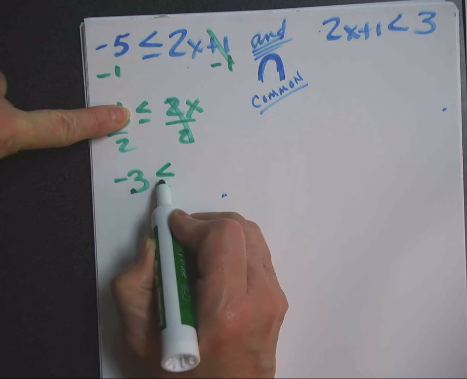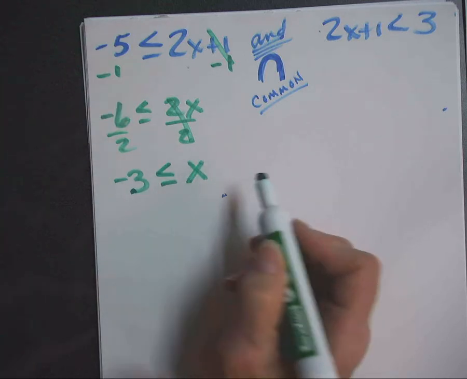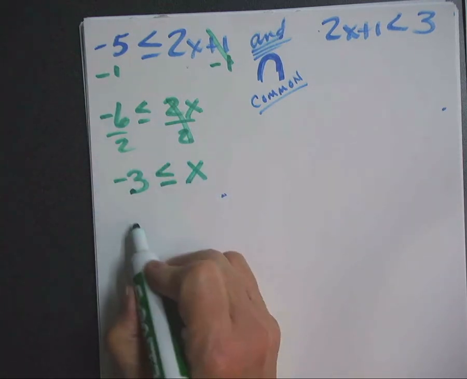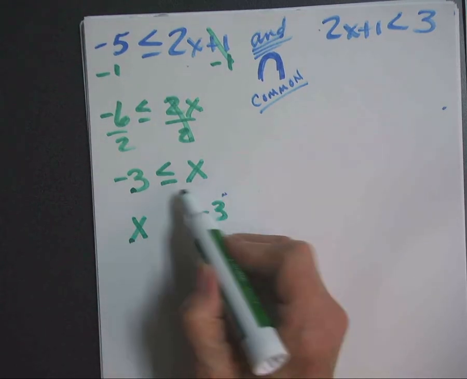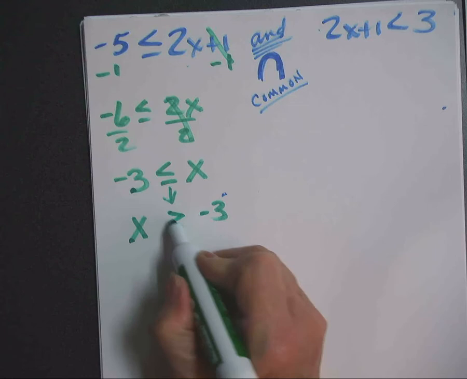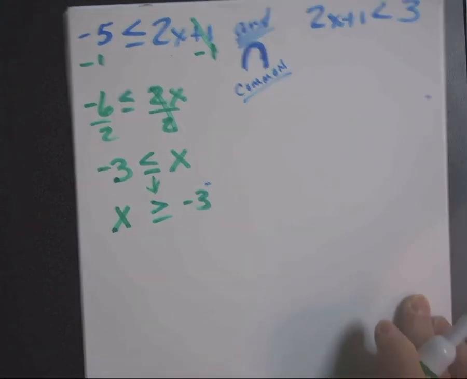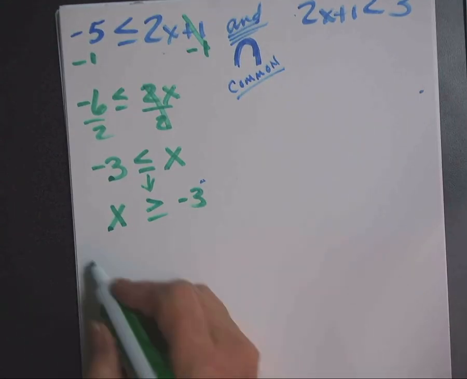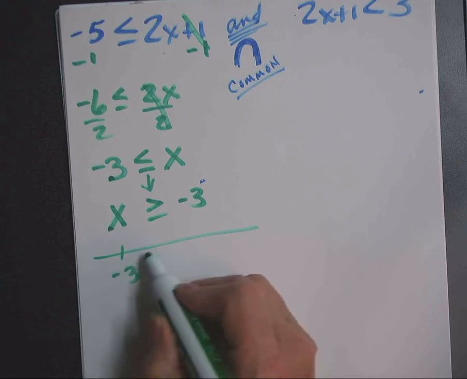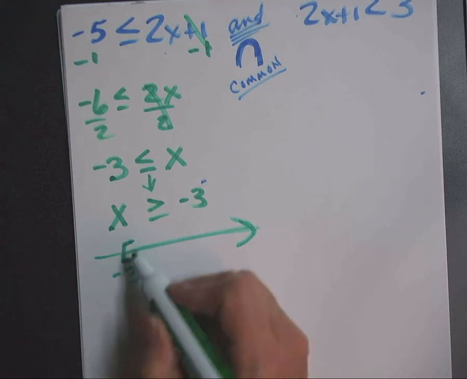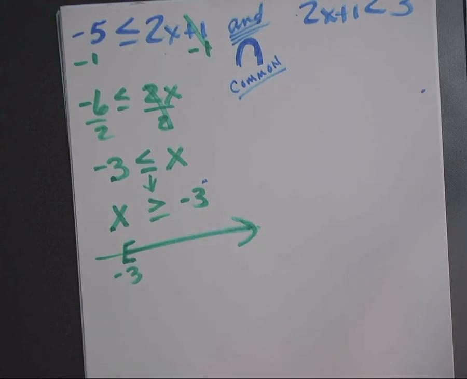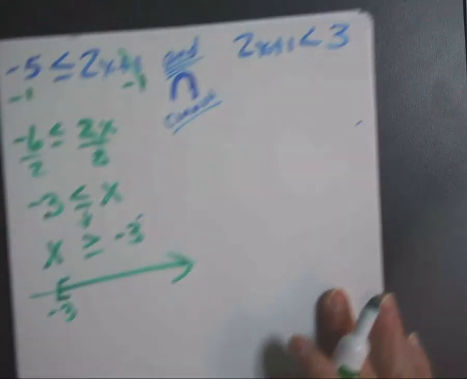Yeah, leave it that way. And then x. If you want to turn it around so that x is on this side, then you switch it to the other way. Which graphs as -3 going that way, right? Yes.